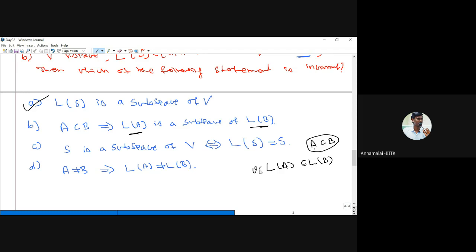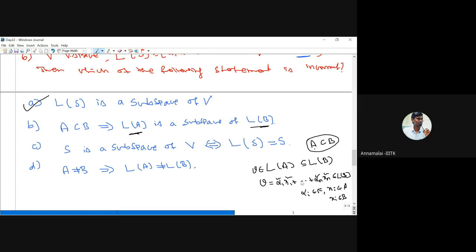Suppose I take some b belonging to L of A. Therefore b is of the form alpha 1 times x1 plus and so on, plus alpha n times xn, where the alpha i's are scalars and the xi's are in A. Since A is a subset of B, these xi's are in B. Because alpha 1 to alpha n are scalars and x1, x2, up to xn are in B, this b belongs to L of B. Therefore L of A is a subset of L of B.